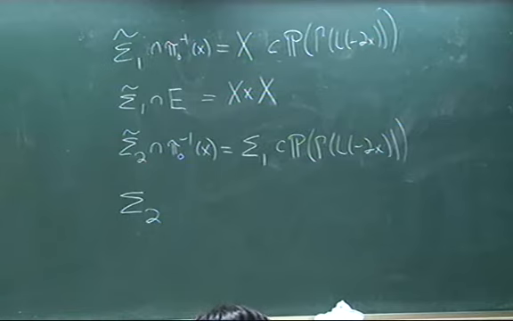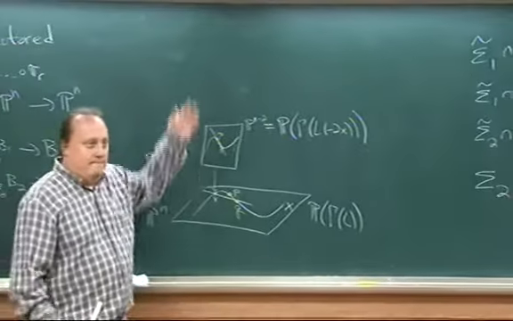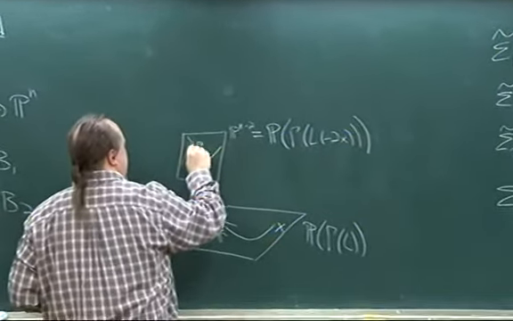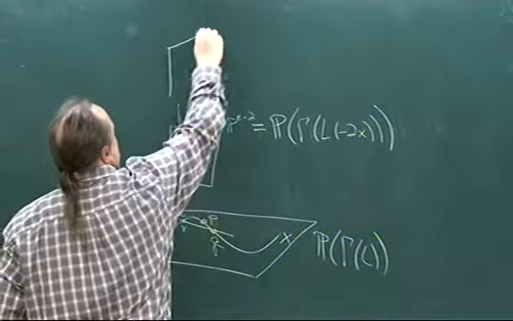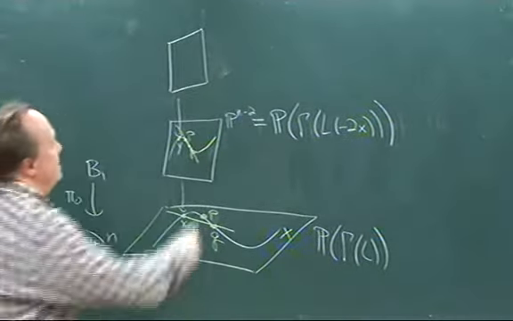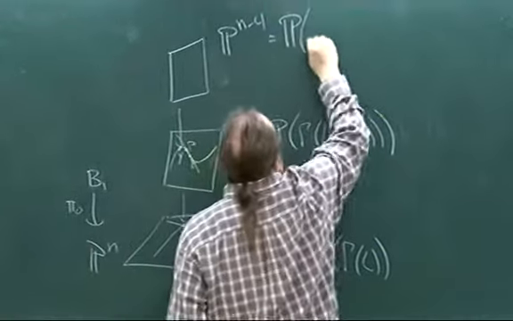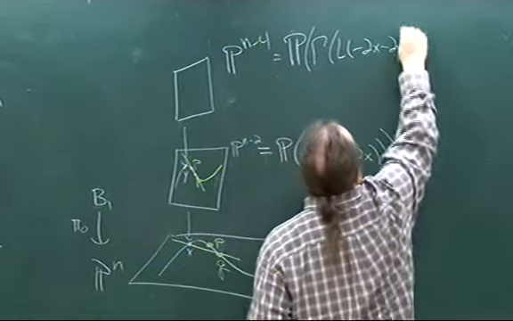So I said we can keep going. So we blow up the curve. Then we're going to blow up the proper transform of the secant variety. Blowing up the proper transform of the secant variety in one of these fibers looks like you've blown the curve up again. And so sitting, say, over a new point y, you get another little projective space. This is a Pn minus 4. Which would be P gamma L minus 2x minus 2y.